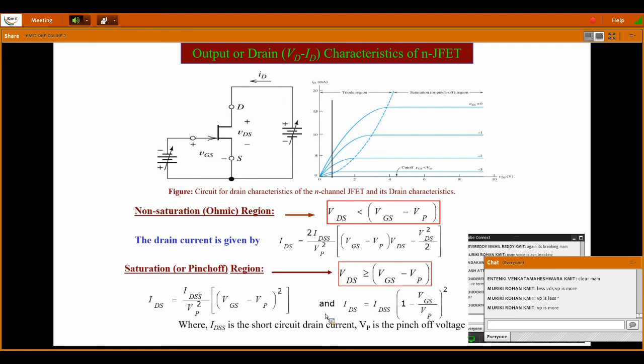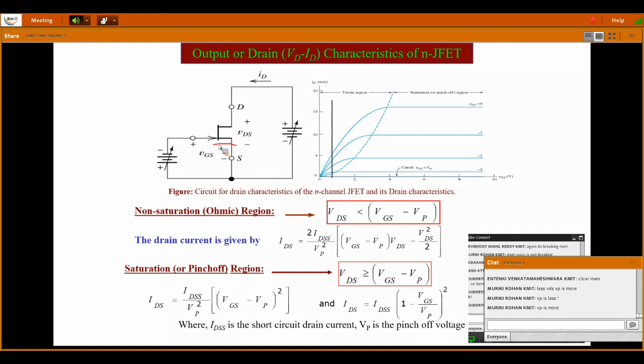These are a few relations we consider when studying FET operation. In this circuit you can see the amplifier configuration of a JFET, the common source configuration. The circuit is drawn with the symbol of an n-channel JFET. Drain is connected to the positive of the supply, and the negative of the supply is connected to the source.